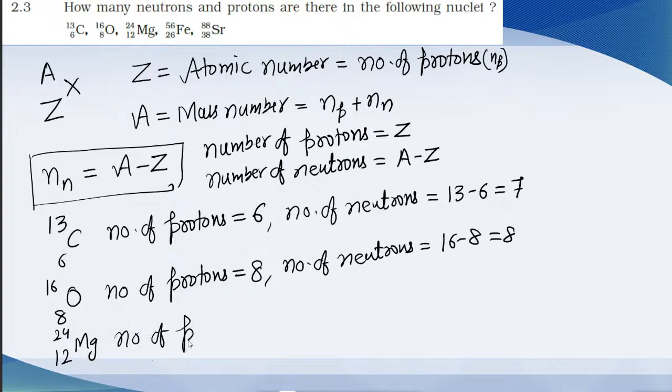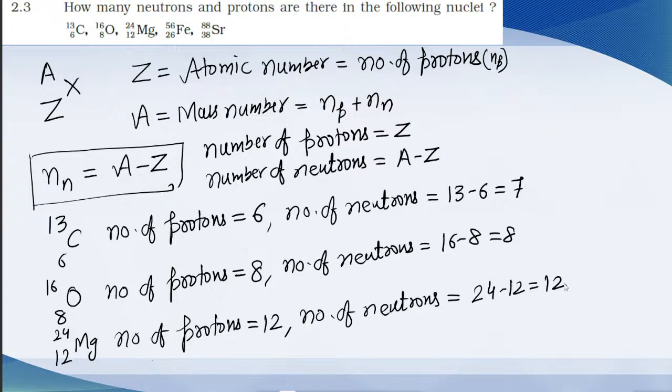Yes, number of protons is equal to 12 and number of neutrons is equal to 24 minus 12, again 12. Next, Fe 26, 56.